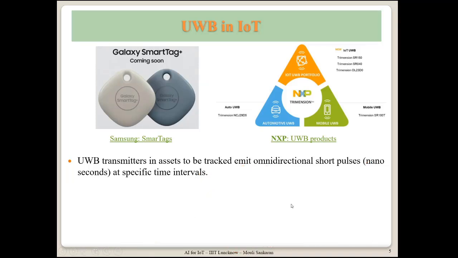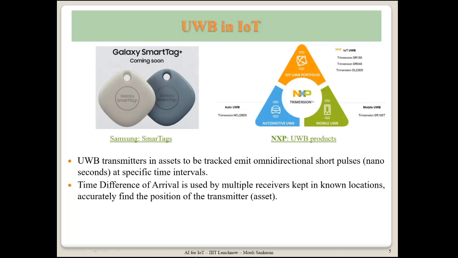So multiple receivers are positioned in different places, and we know the position of those receivers, and the unknown is only the transmitter. So the transmitter keeps sending the information, and the receivers deduce the distance between the unknown tag and the known receivers, and find out the position in the particular three-dimensional area.